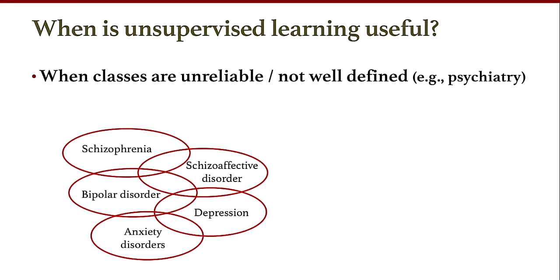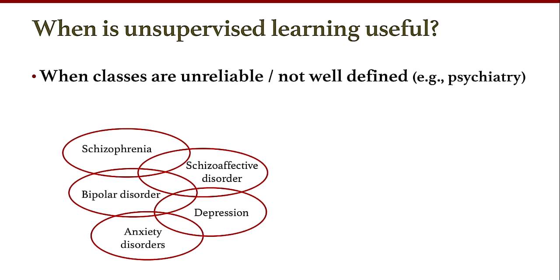For example, we know that in psychiatry, the way we categorize disorders today may not be the best or the most relevant to reveal the underlying characteristics in these disorders, as shown by the large overlap in the clinical symptoms or the genetic risk factors.